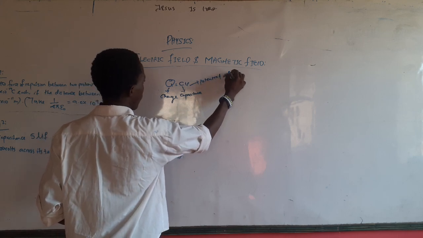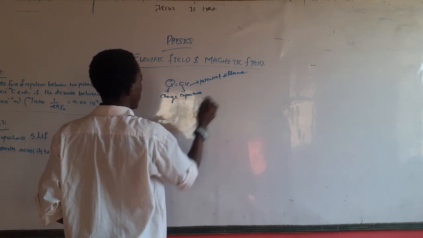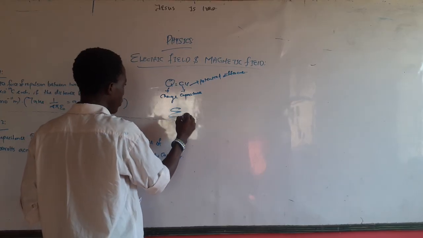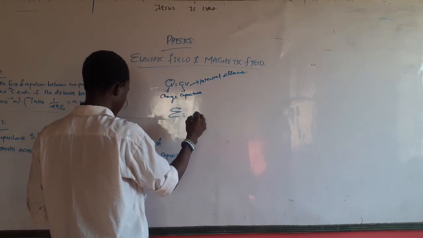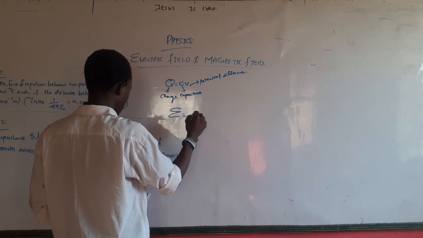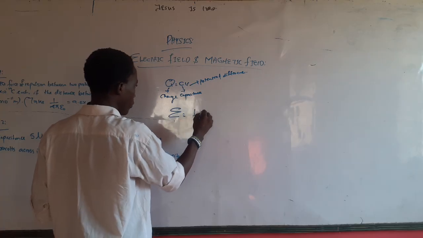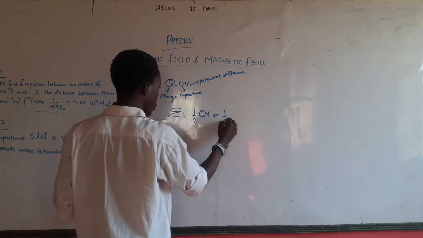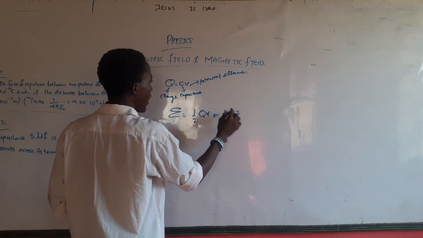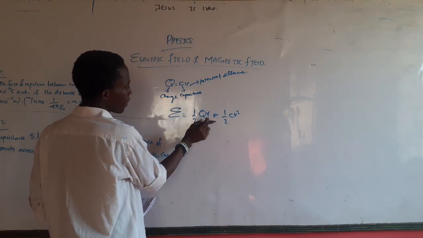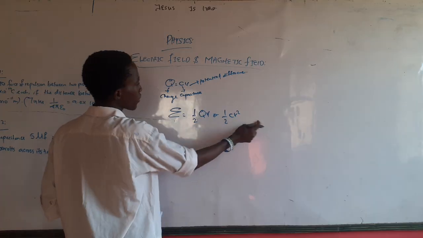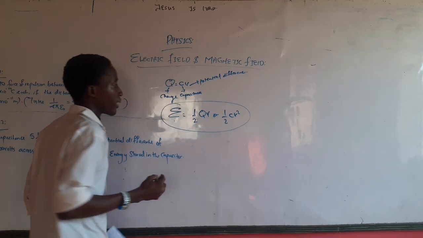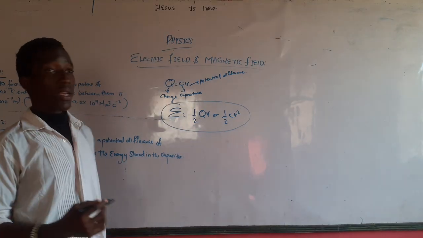The formula for energy is 1 over 2 QV or 1 over 2 CV squared. Why is it this? Q is equal to CV, so when you have CV multiplied by V, that's CV squared. You can use any of these whenever you're getting the energy stored in a capacitor.